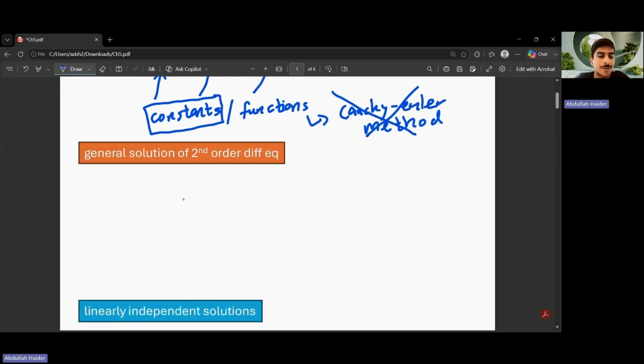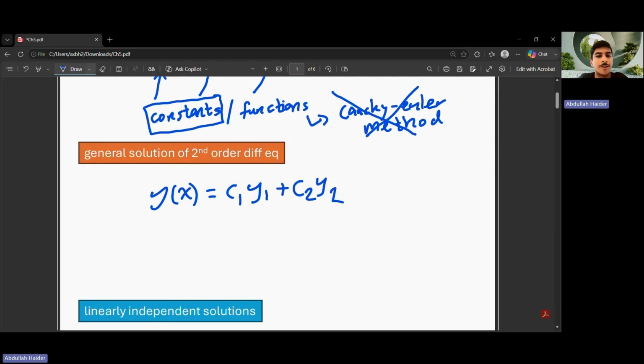If I want to find the general solution of a second order differential equation, it will usually be in the form y of x equals c1 y1 plus c2 y2.